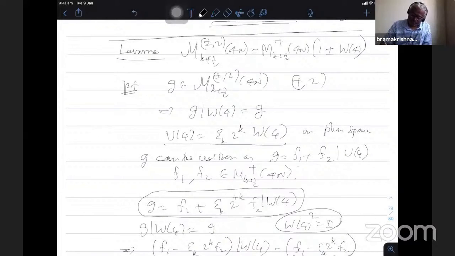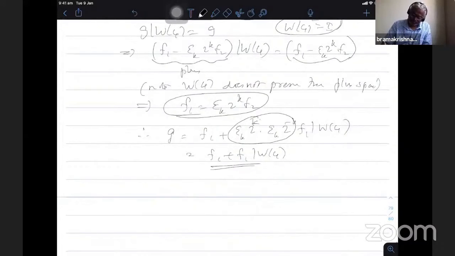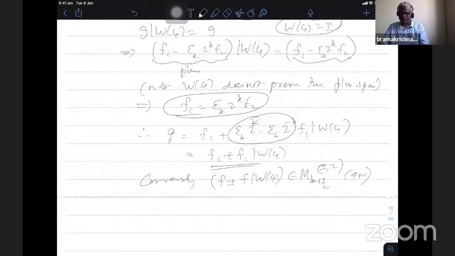So conversely, f plus minus f bar W4 belongs to M_{k+1/2}^{±}(4N). So if I apply W4, then I get back the same plus minus, whenever f is in the plus minus space.